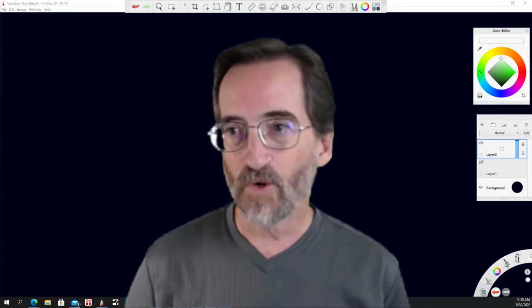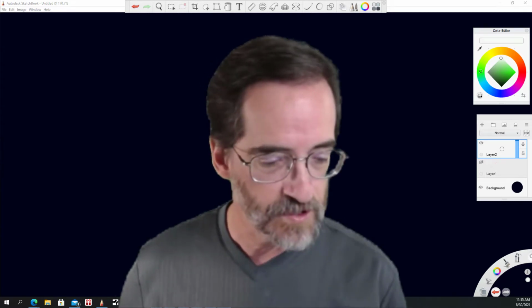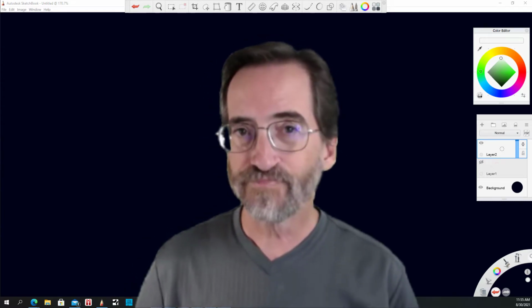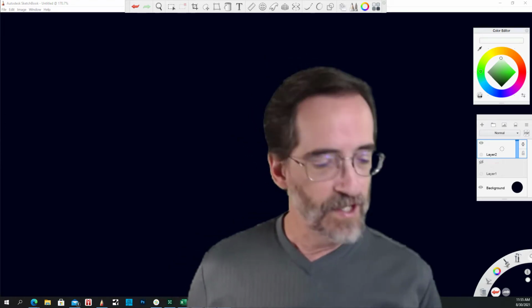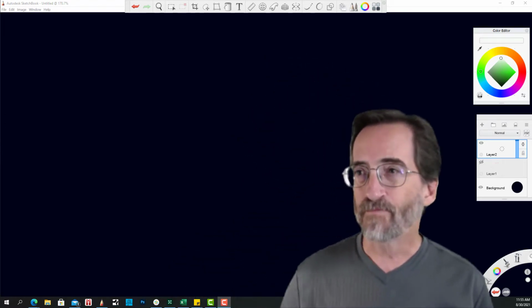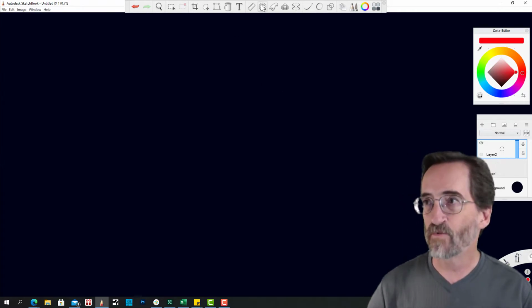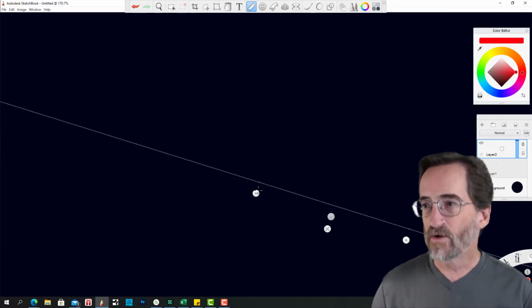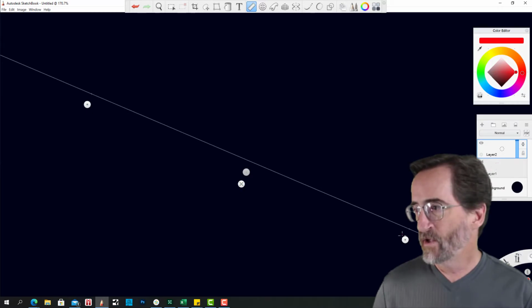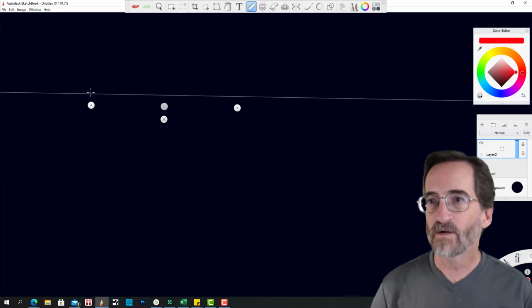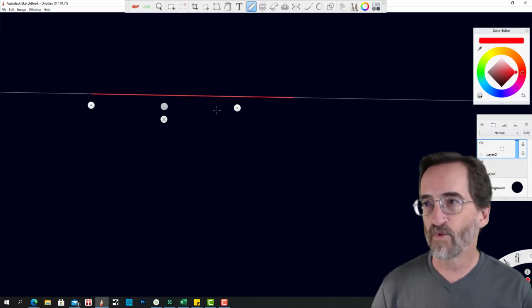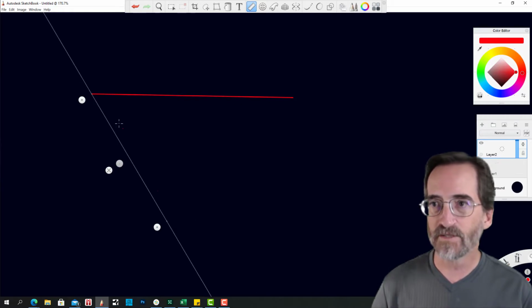Okay, I'm going to be using Autodesk Sketchbook to do the construction, but it has the same tools. So the starting condition here is you're starting with an angle. If you recall, an angle is two rays with a common starting point known as a vertex.